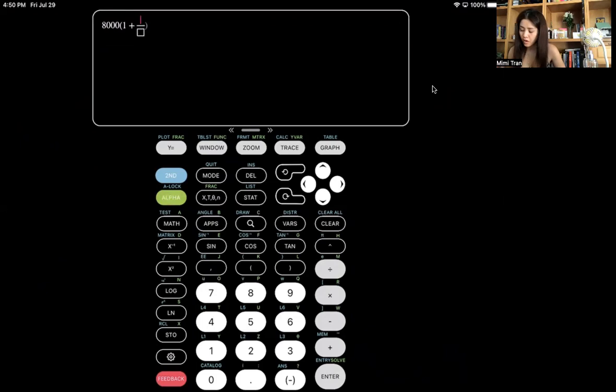So r is 0.06, n is 4, to the n times t, so 4, oops, my bad, hang on. I have to raise to the power. n is 4 times t is 10, or you just say 40. Oh, I'm sorry, it shouldn't be that much. It's 0.06, not 0.6. Let me enter.